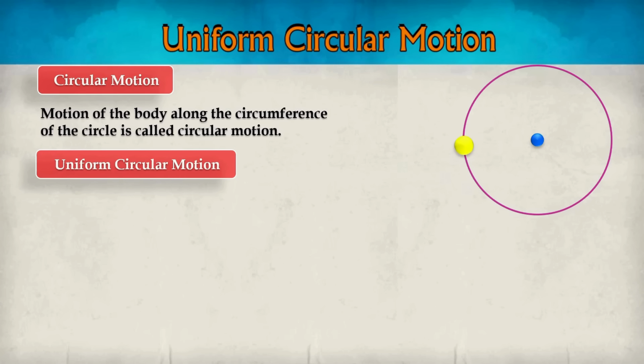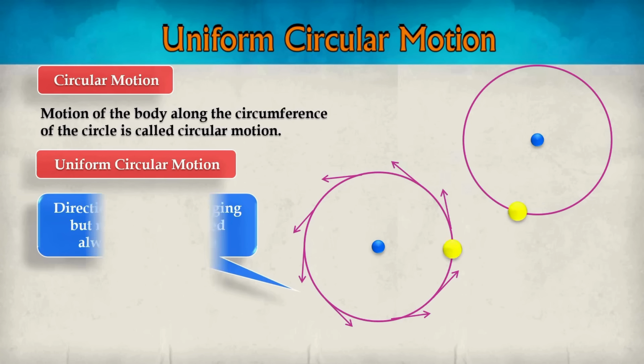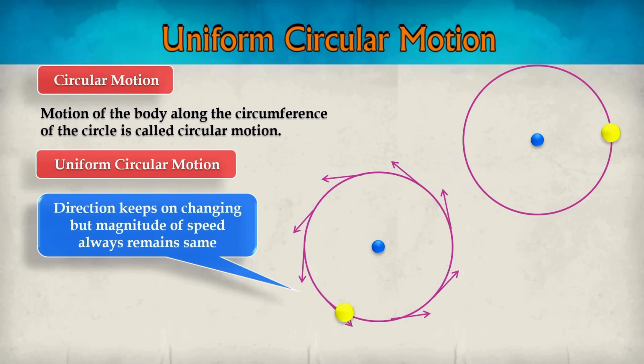Now let us understand uniform circular motion. When a body moves along a circular path with constant speed, the motion is called uniform circular motion. In this type of motion, the magnitude of speed remains the same, but the direction of motion keeps changing at every point of the circle.